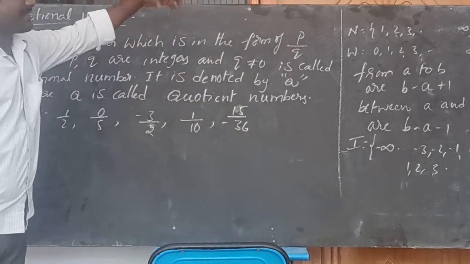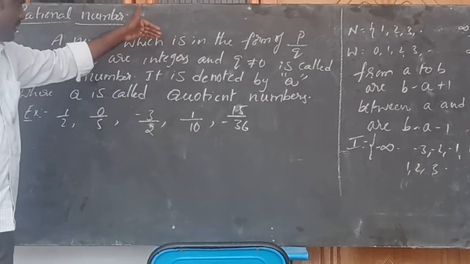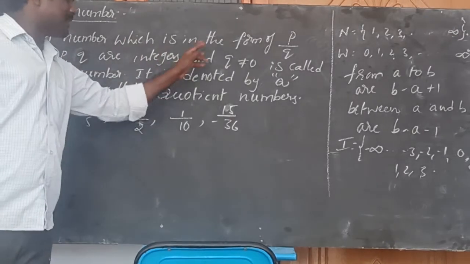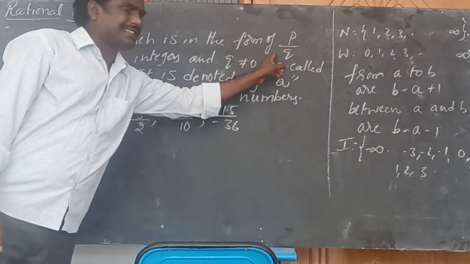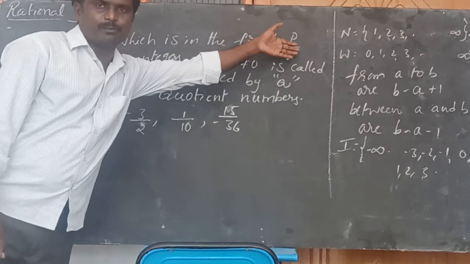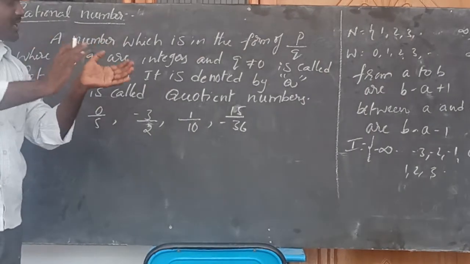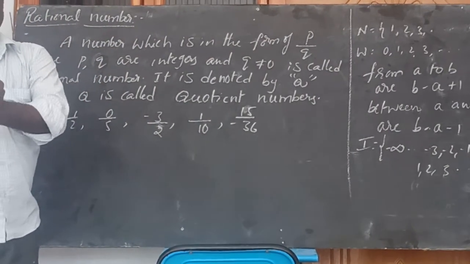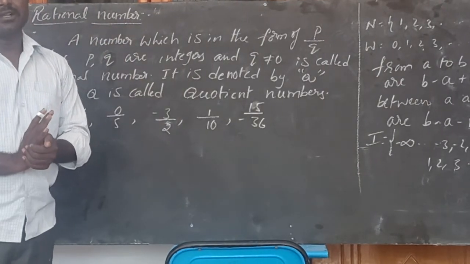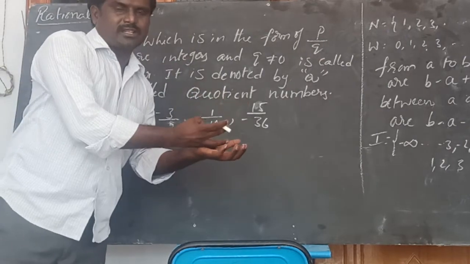Fractions are real things that happen. For rational numbers, P, Q are integers, that means the numerator and denominator are either positive, negative or zero. So both are quite different. All fractions are rational numbers, but rational numbers need not be fractions, because fractions come from dividing an object.